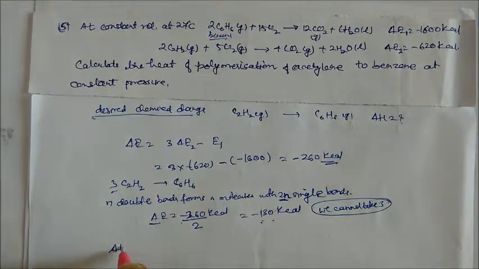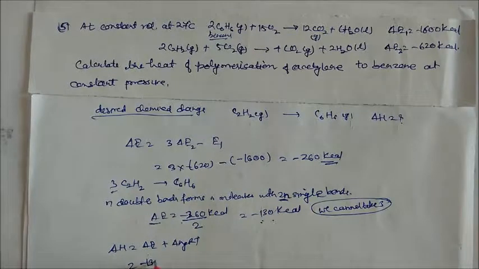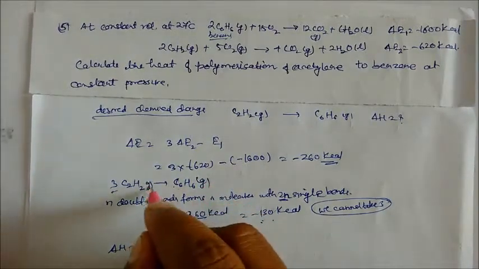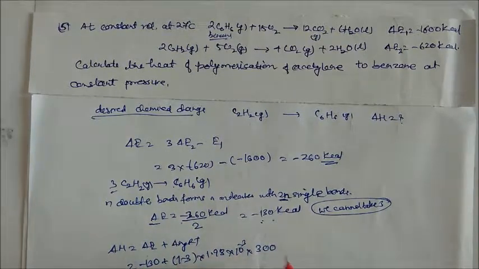So we have to find ΔH. ΔH is equal to ΔE plus Δng RT. ΔE is given here as minus 130 kilocalorie, and Δng is 1 minus 3, both in the gas state. R is 1.98 multiplied by 10 to the power minus 3, and we take T as 300. This will come in kilocalorie.